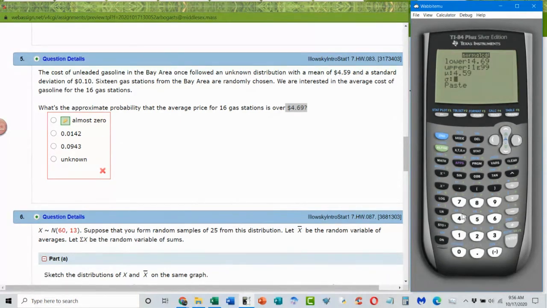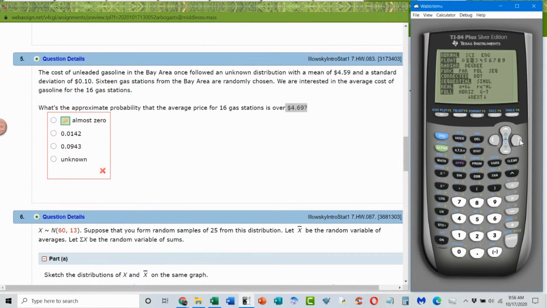And the standard deviation is 0.10 divided by 4, because I'm not going to bother writing it since I mess it up. I know the standard deviation of 16 is 4. So I get this. And here I'm going to change the mode.